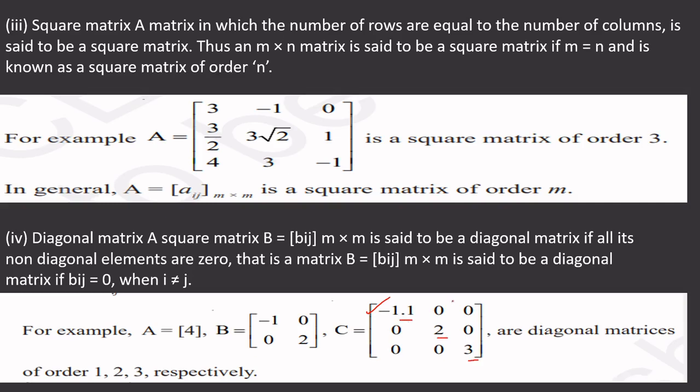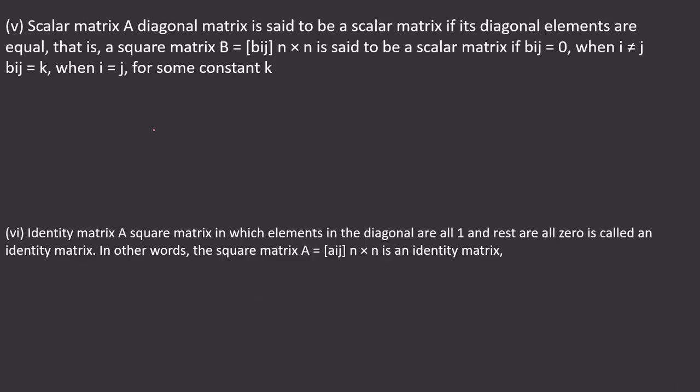But if the upper triangular and lower triangular are 0, then we can say that it is a diagonal matrix. So the simple definition of a diagonal matrix is a square matrix that has elements only on the diagonal. Simple.